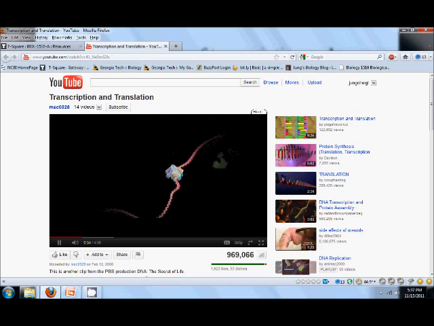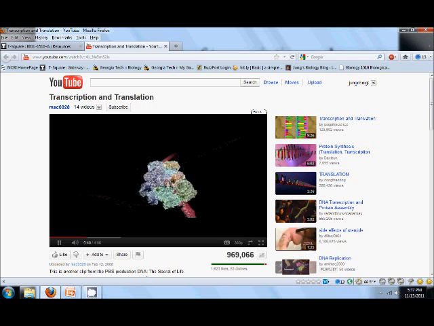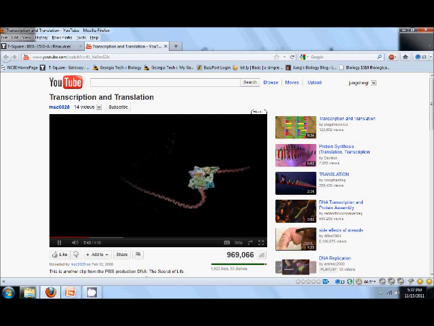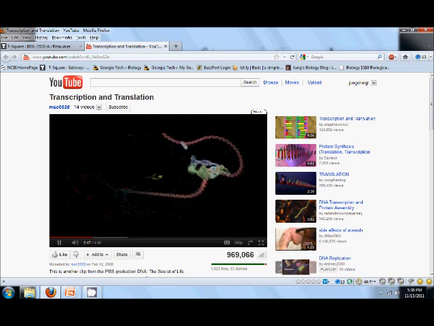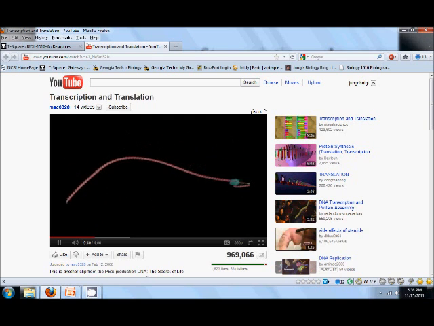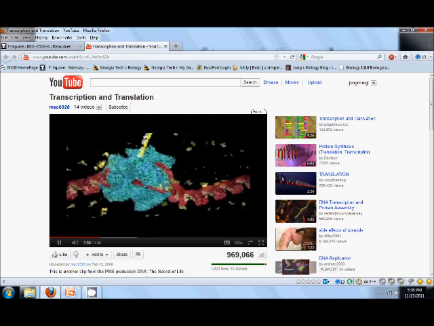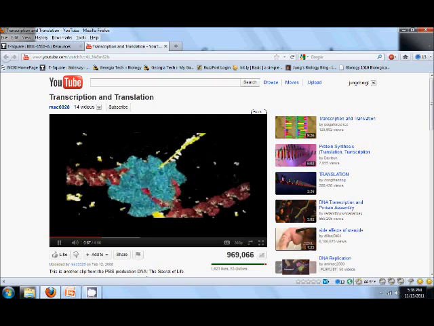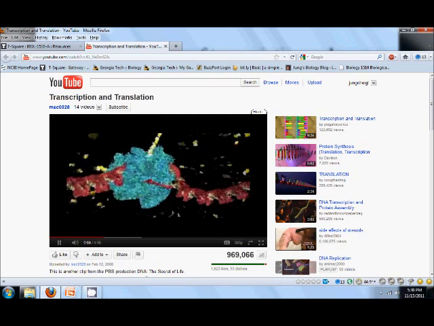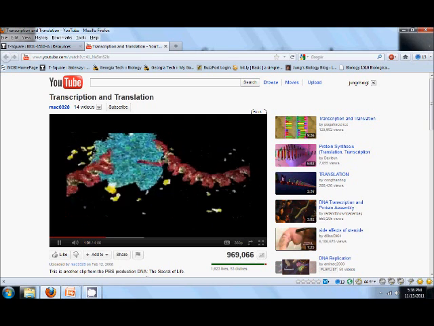The gene is the length of DNA stretching away to the left. Everything's ready to roll. 3, 2, 1. And away RNA polymerase goes. The blue molecule racing along the DNA is reading the gene. It's unzipping the double helix and copying one of the 2 strands.